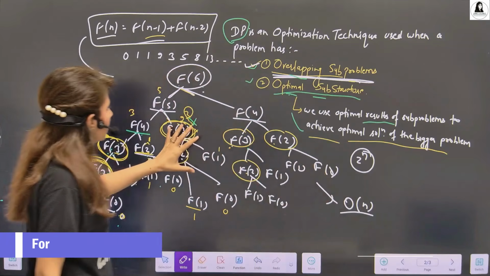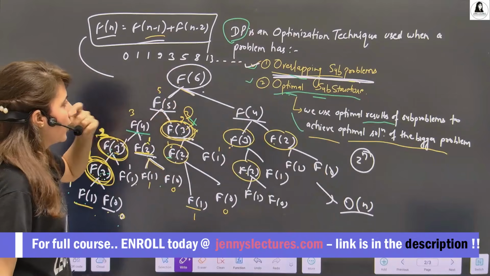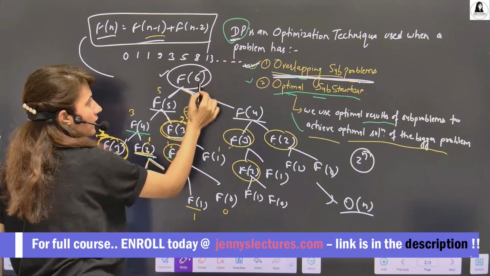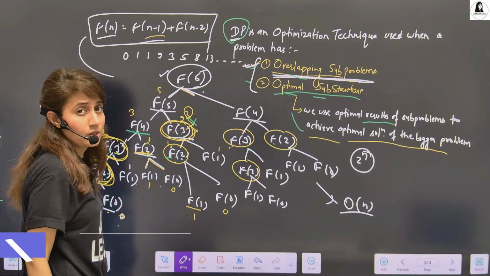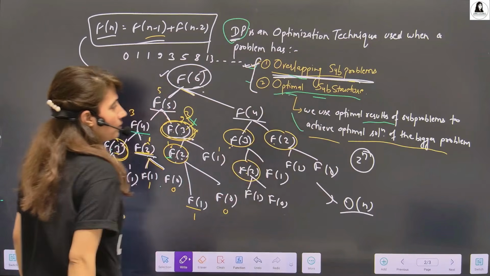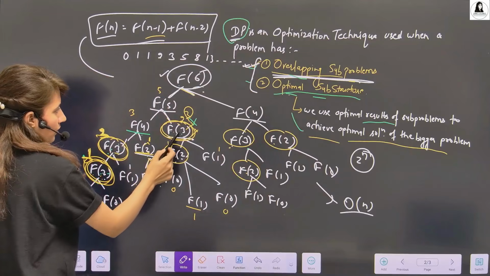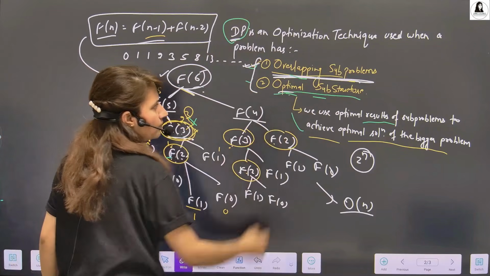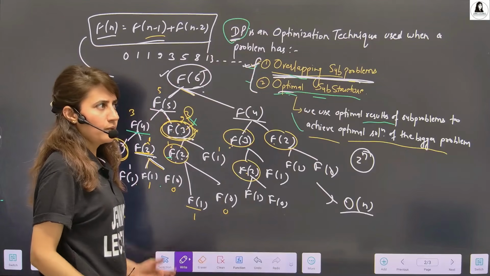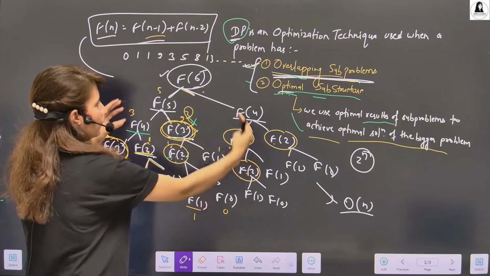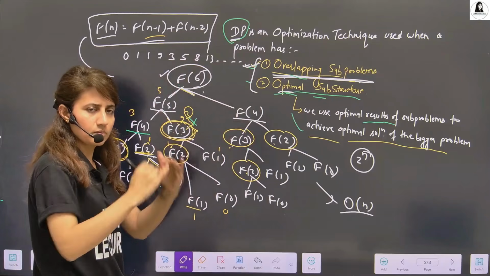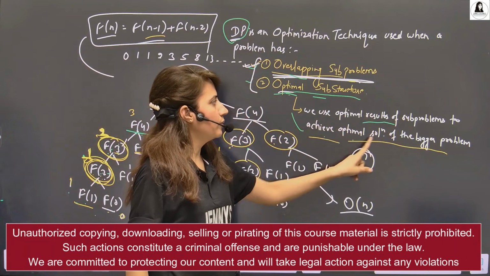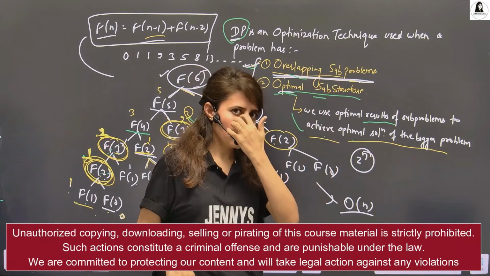With the help of the Fibonacci series, I have shown you that this problem is DP. We can solve this with DP because it has both these characteristics. Overlapping subproblems means small problems are repeated and solved multiple times. Optimal substructure means just find the optimal solution of the subproblems and this will give you the optimal solution of the main problem.